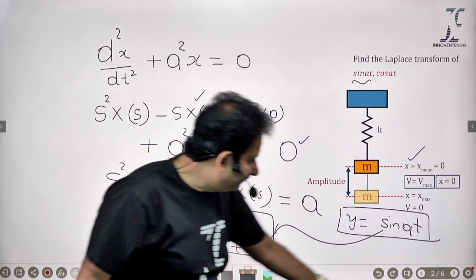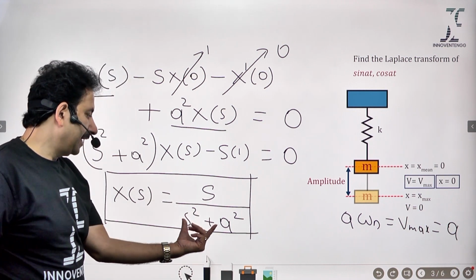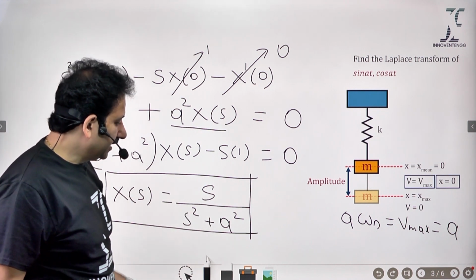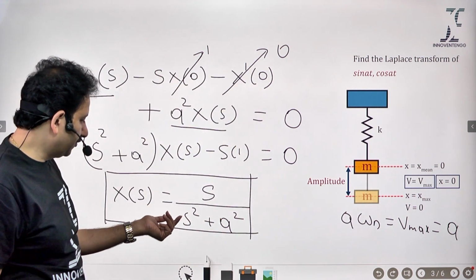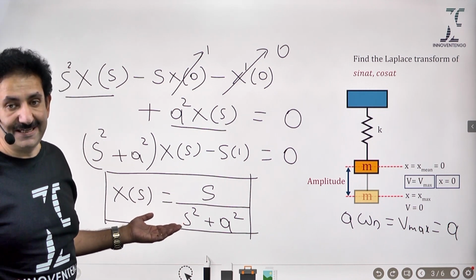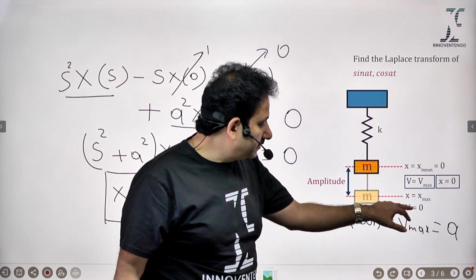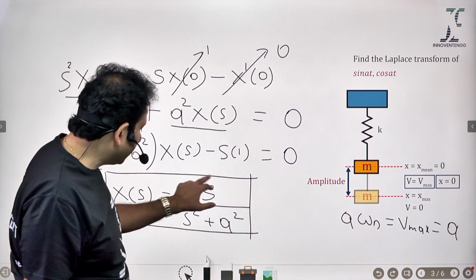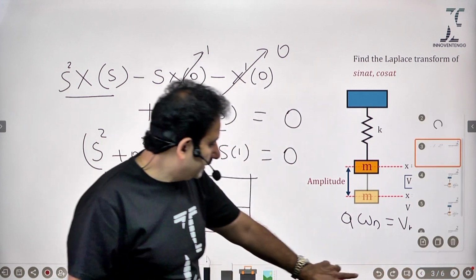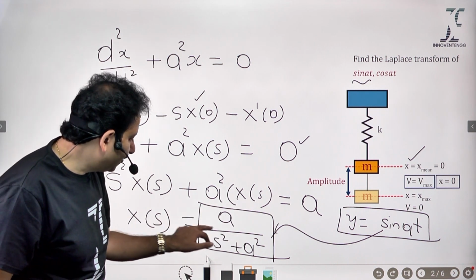So it has been very, very emphatically said that whenever you confront the Laplace transform of a function, that means you have converted the time domain response to the frequency domain. That means this is the result of the conversion of a differential equation, and the boundary conditions are very, very important. You saw that because we assumed the right boundary conditions, we could get s in the numerator, otherwise we would not have. And also in the previous one, we assumed the correct boundary condition so that we could get only a.